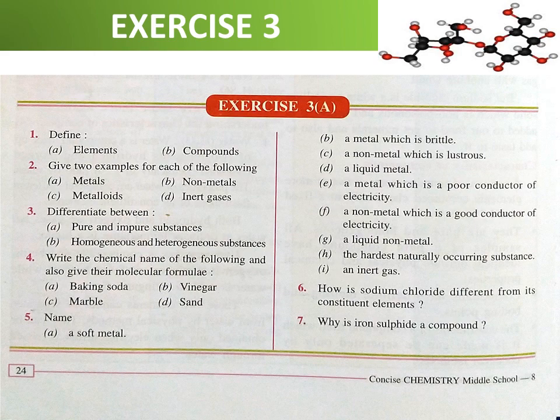The next, why is iron sulfide a compound? Iron sulfide is made up of iron and sulfur, two elements of which one is a metal, iron, and the second is a non-metal, which is sulfur. Iron is having luster, and it is a very hard substance, and it attracts magnet.